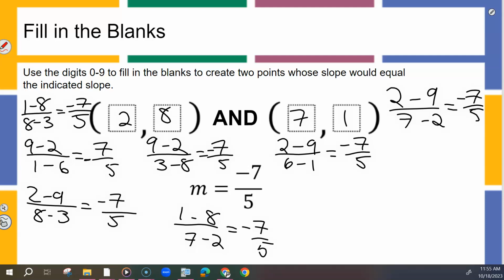So look at how many different ways, some of them very similar: we have 1 minus 8 here, 1 minus 8 here, 9 minus 2, 2 minus 9, 8 minus 3, 3 minus 8, 8 minus 3. We use similar numbers, but in different ways. All different ways. All right, questions on any of those?